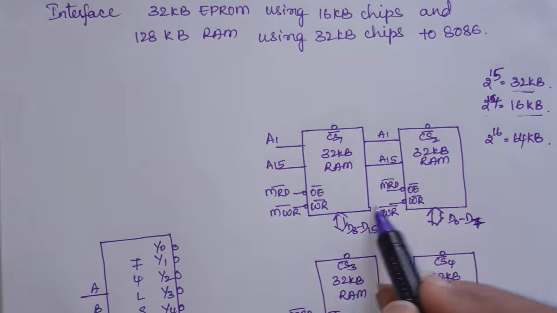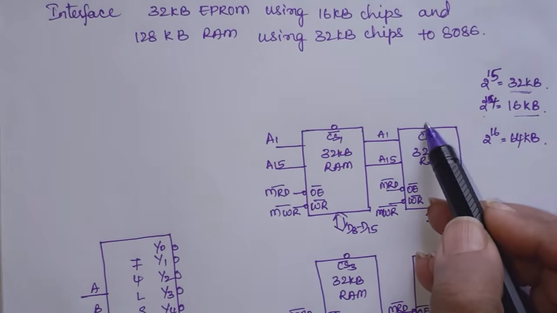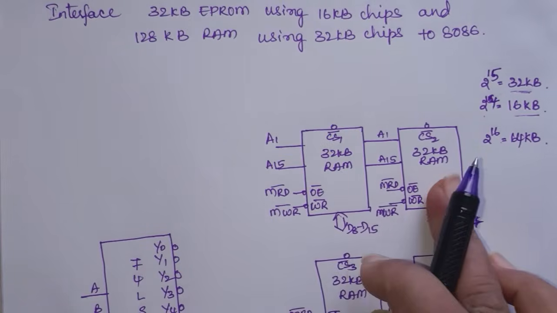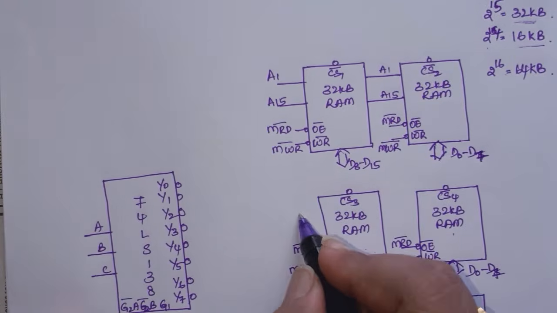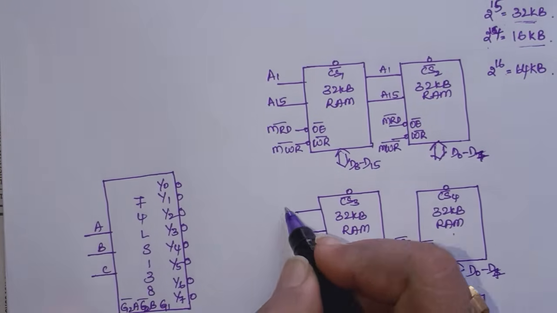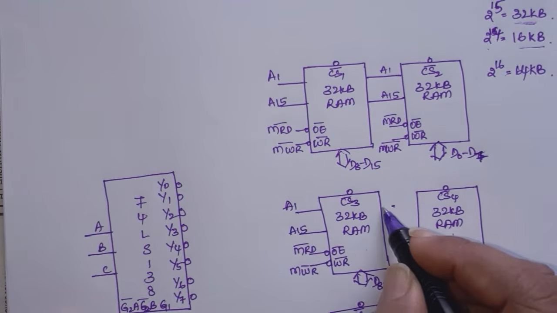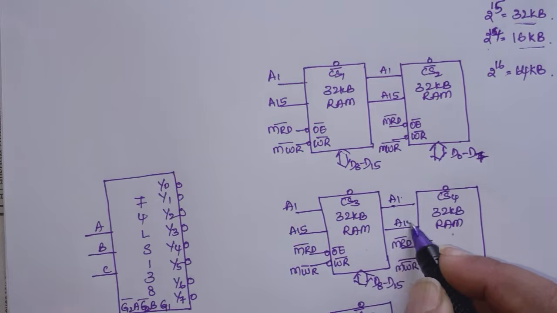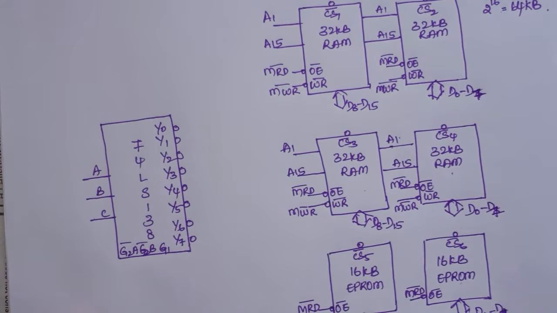Okay, so total this 64 KB requires 16 address lines. A0 is connected here and A1 to A15 are connected here. Total address lines used are 16 address lines. In the same way to this pair also, A1 to A15 is connected here. A0 is used in selecting the even bank.